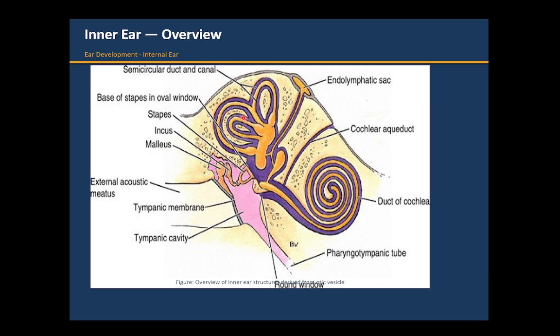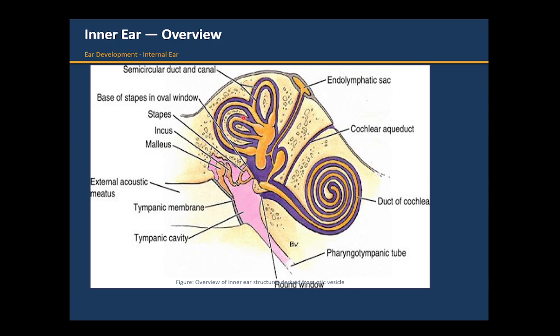The tympanic cavity coming from the first pharyngeal pouch, which is called tubotympanic recess, and then the external auditory meatus is coming from the first ectodermal cleft. So if you remember this, you would remember the other thing which people would keep on asking you: malleus and incus coming from the first arch, stapes from the second arch, tensor tympani from the first arch, stapedius muscle from the second arch.